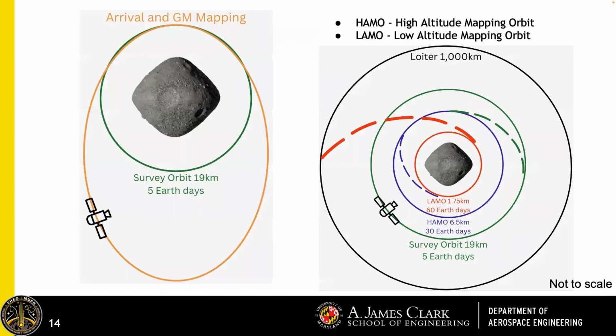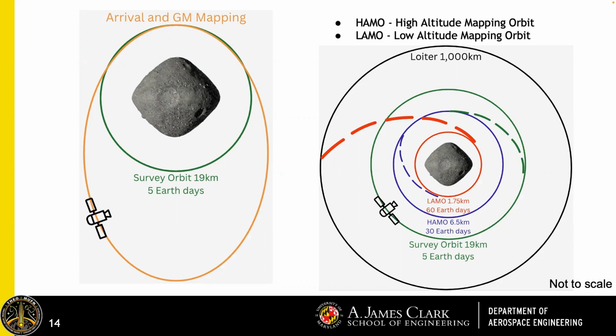So this is a little clearer to see what the orbits look like. So on the left, we can see our survey orbit, which is the green one around the asteroid. And then we move closer in our high altitude and our low altitude mapping orbits because with the specific instruments that we use, the closer you are to the surface of the asteroid, the more accurate information they give you.